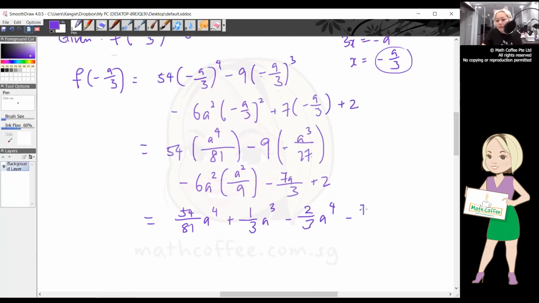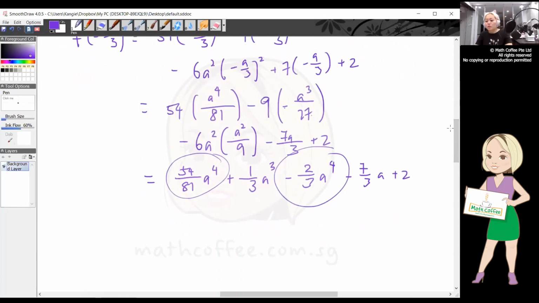I have minus 7 over 3 a and plus 2. And if you take note, this and this are like terms. So I have to do 54 over 81 minus 2/3. So you see, these minus this is actually 0. So I end up not having any a to the 4. I am only left with 1/3 a cubed minus 7 over 3 a plus 2.